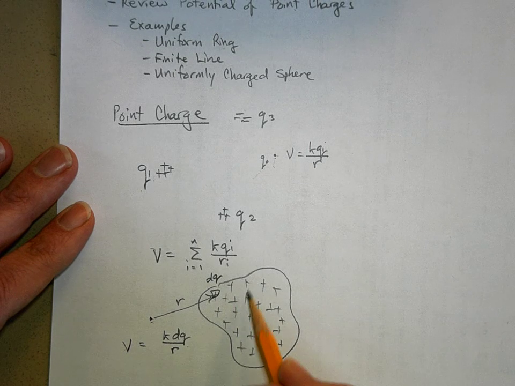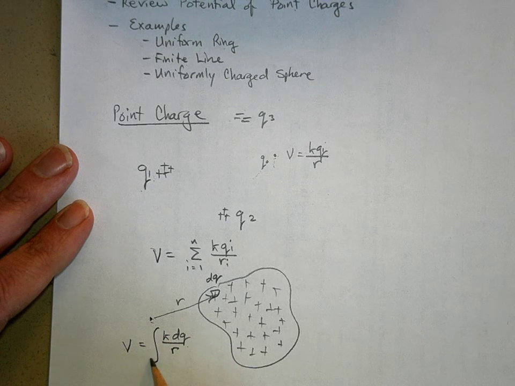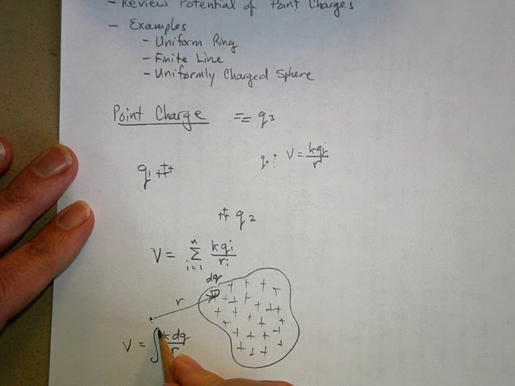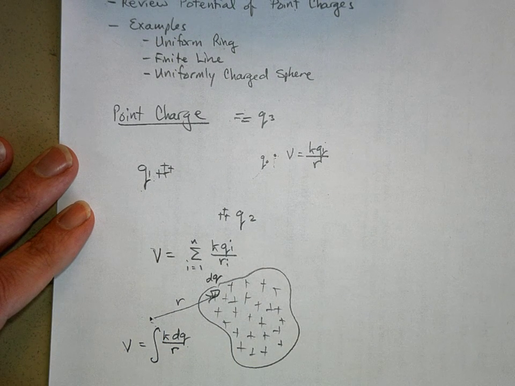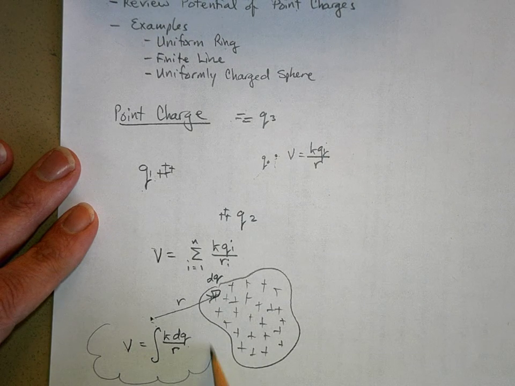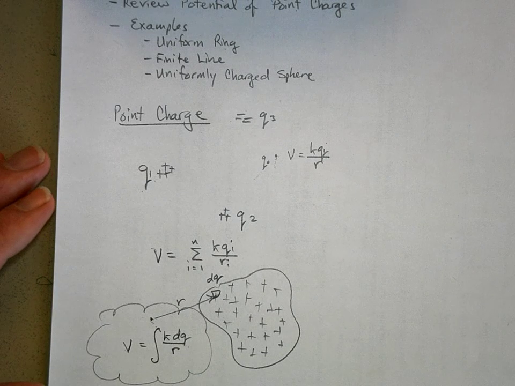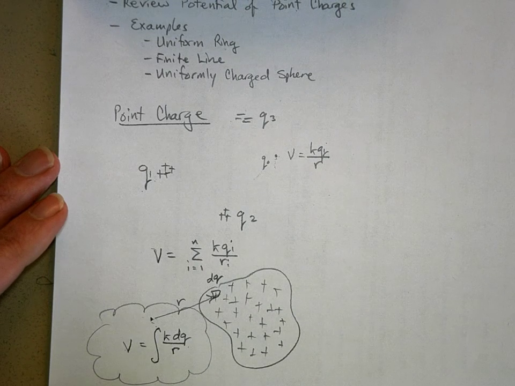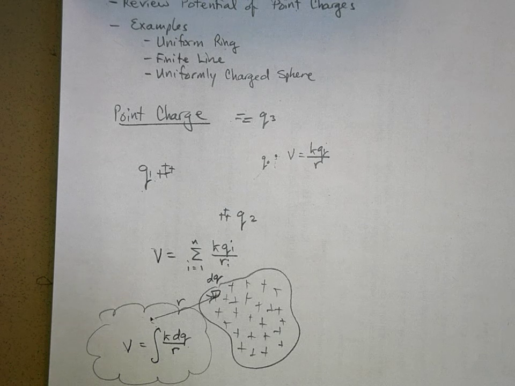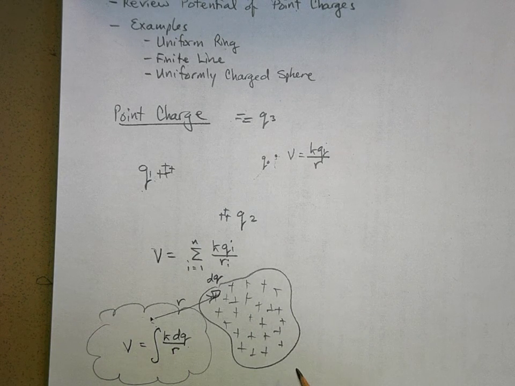But if I add them all up, if I sum them, I get the total voltage. So I sum them all up using integration, and not surprisingly, because we've done this many times now, this becomes the equation I use for figuring out the voltage over a surface or a volume that has charge distributed all over it.